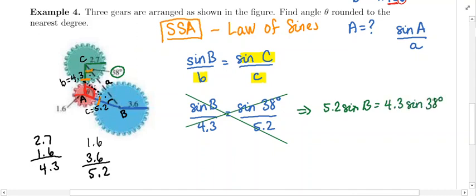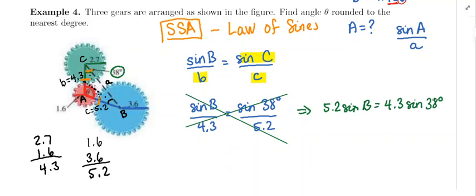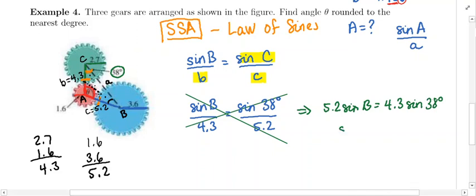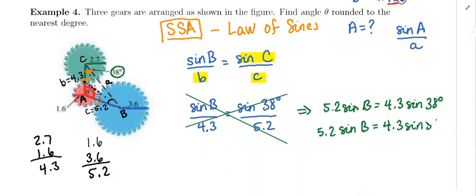On the right side, that is just going to be a number if you pop it into your calculator. On the left side, we're multiplying the sine of B by 5.2. We need to isolate the sine of B. We're after angle B, so the first step in the process is isolating the sine of B.